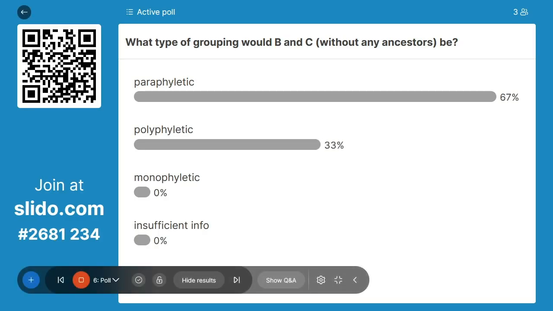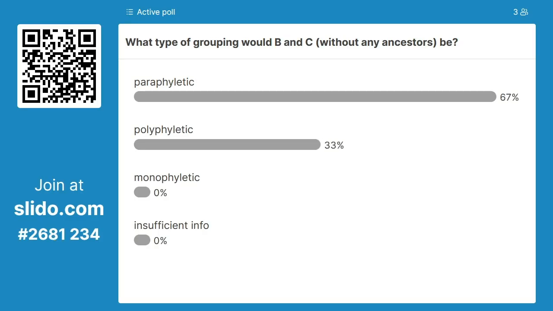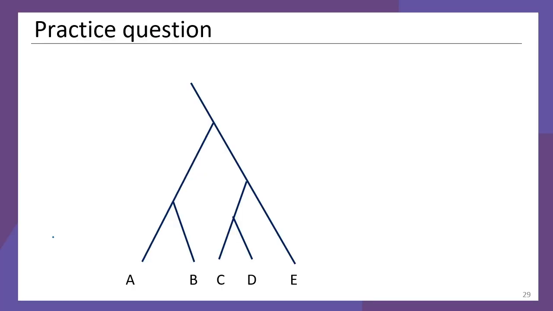Right, to give you a glimpse here, we're having different answers. I will give you a hint and say that the most popular answer is not the right one. For this question, we're just looking at these two. Again, at the moment, paraphyletic is the most popular answer.